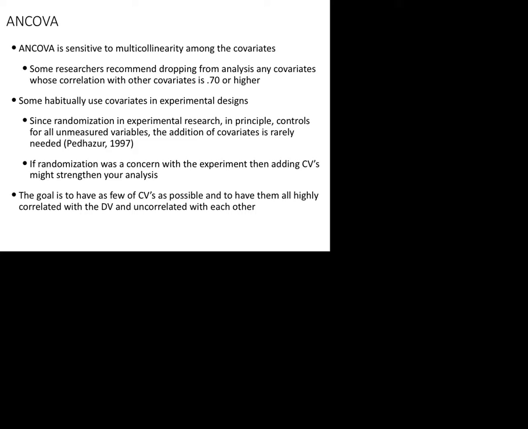And to the extent that there are differences, you might be able to add some covariates to your design to strengthen your experiment, to say that, well, maybe the socioeconomic status of those students in one school is higher or lower than some of the other schools, and you might know that information, and you could covary that information out of your analysis, or there might be some other variables that you could think to covary out.